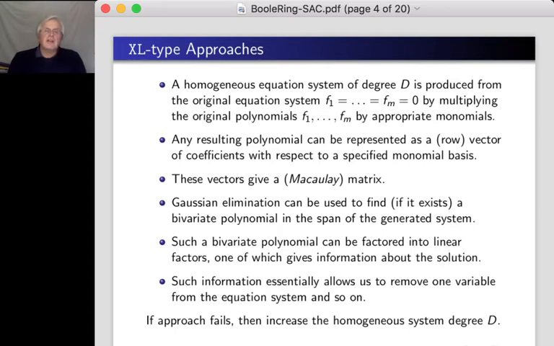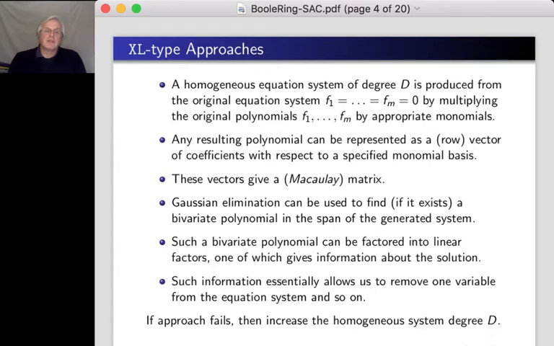So the idea is we start off with our homogeneous equation system, f1 equals ... equals fm equals 0, and we take these original equations and we multiply them by monomials of a particular degree to generate a homogeneous system of some bigger degree, big D.